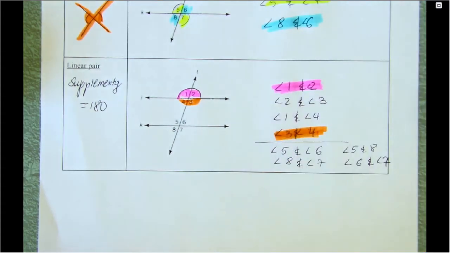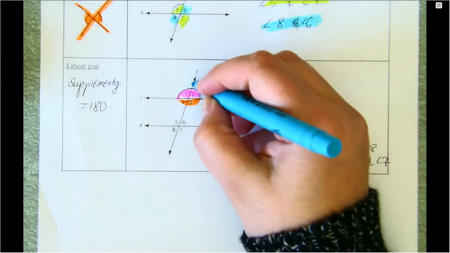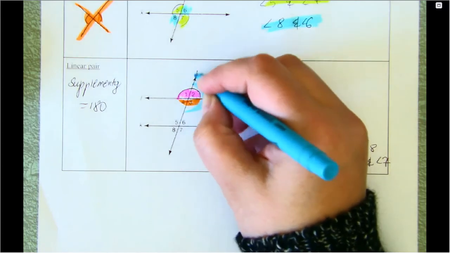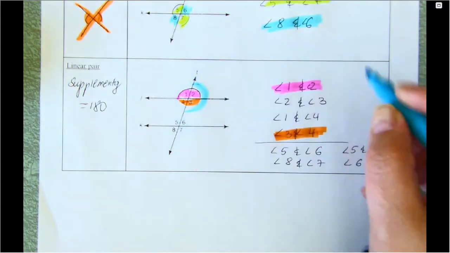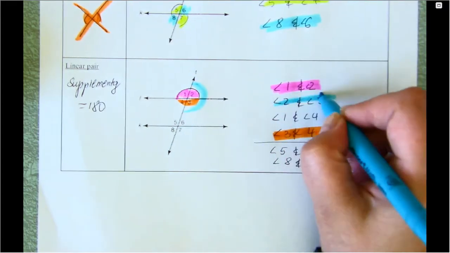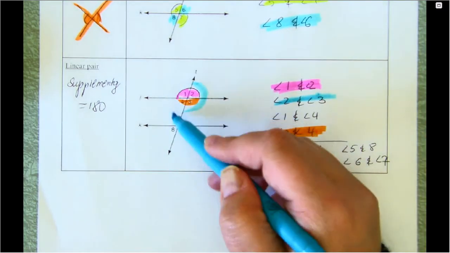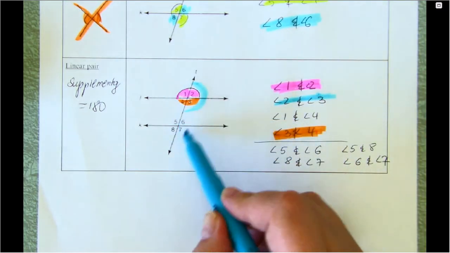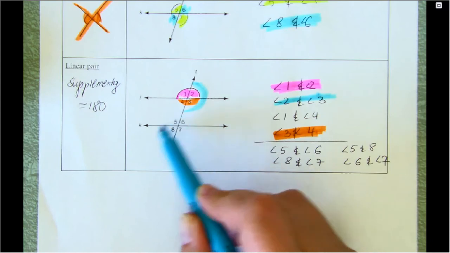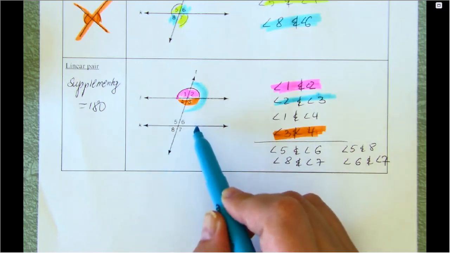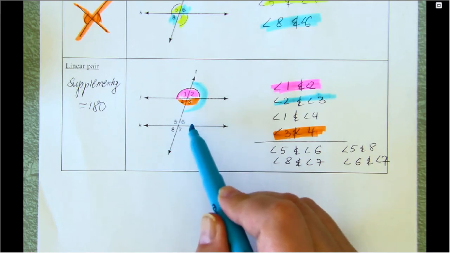But you can also think about it the other way. 2 and 3 also are forming a line, so they're also a linear pair. And the same on the other side, 1 and 4. And the same on the other parallel line.